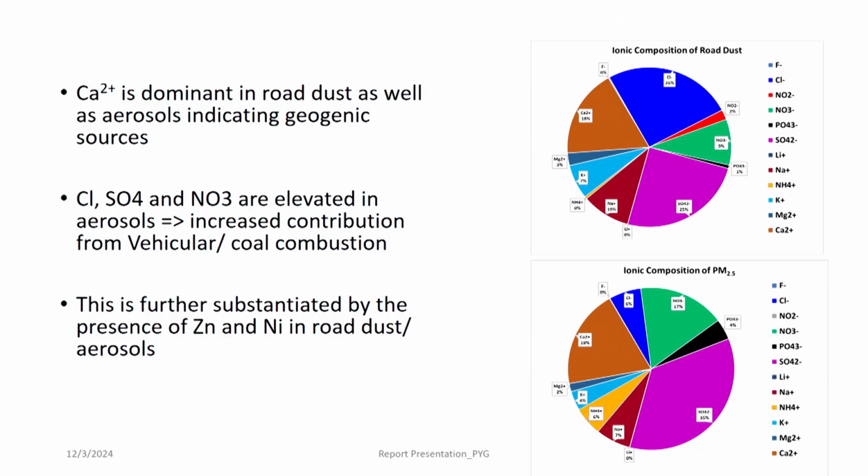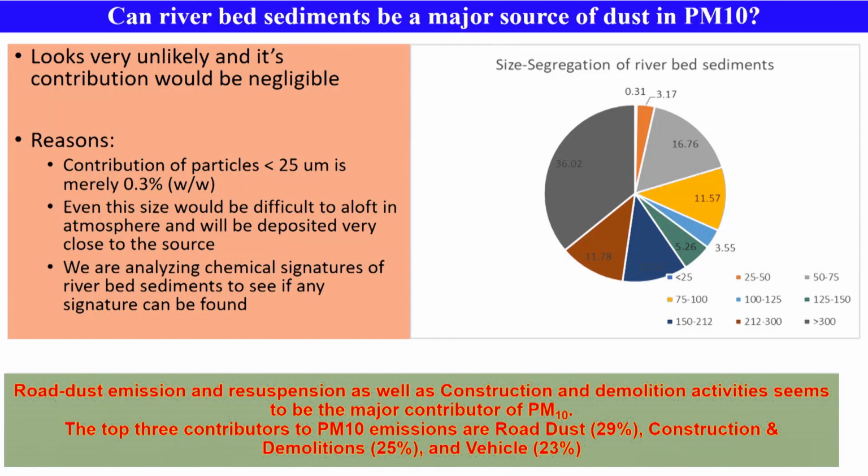This was one of the things that we were trying to do. This was the example from Patna. We were trying to know whether the riverbed can be a major source of road dust in PM10, or dust aerosols in the PM10. So we collected road dust samples from there and segregated them into different fractions.